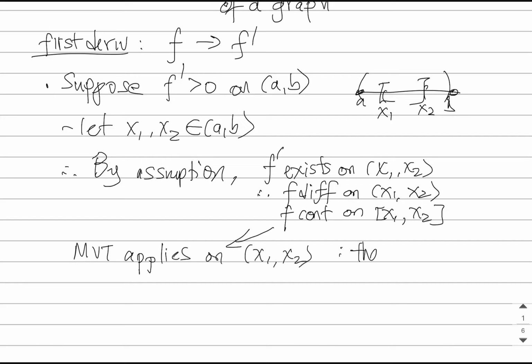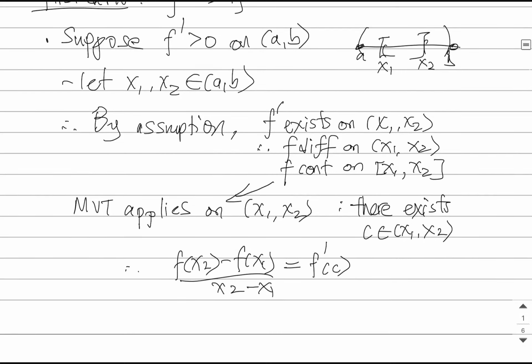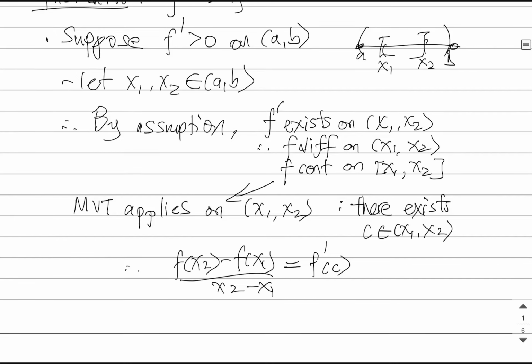And that means there has to be some point c between x1 and x2, where (f of x2 minus f of x1) over (x2 minus x1) has to be equal to f prime of c. Now, the key idea here is that we are assuming the derivative is positive. So because of that, we know that this is positive.